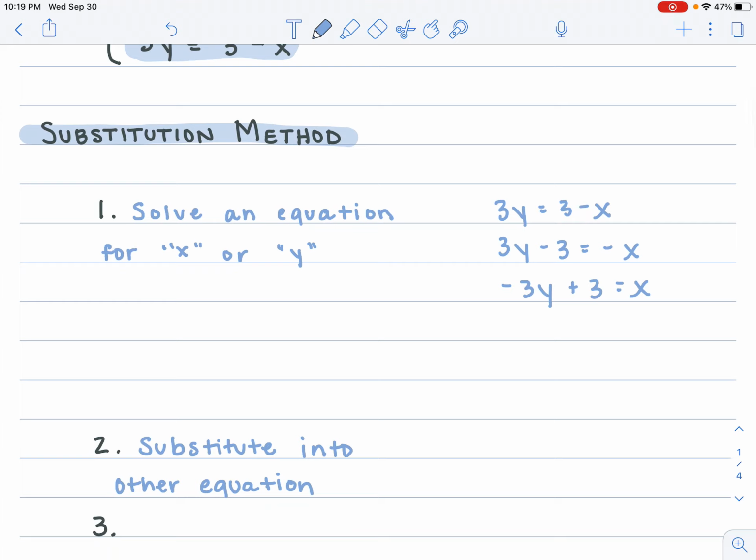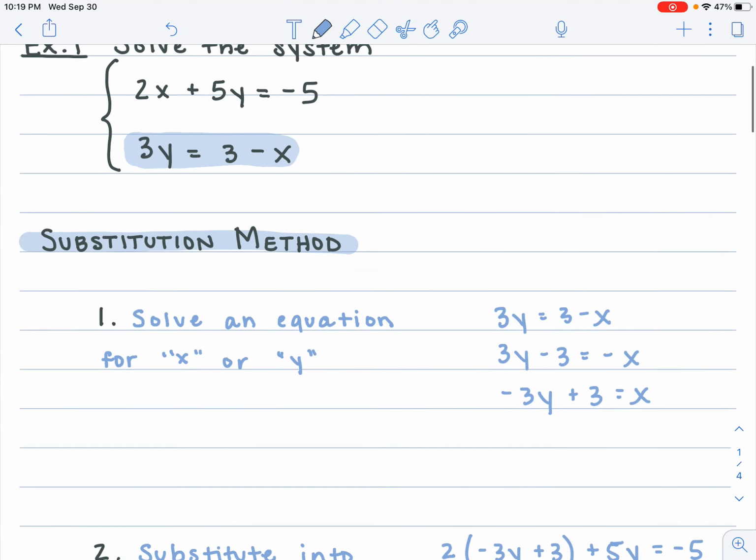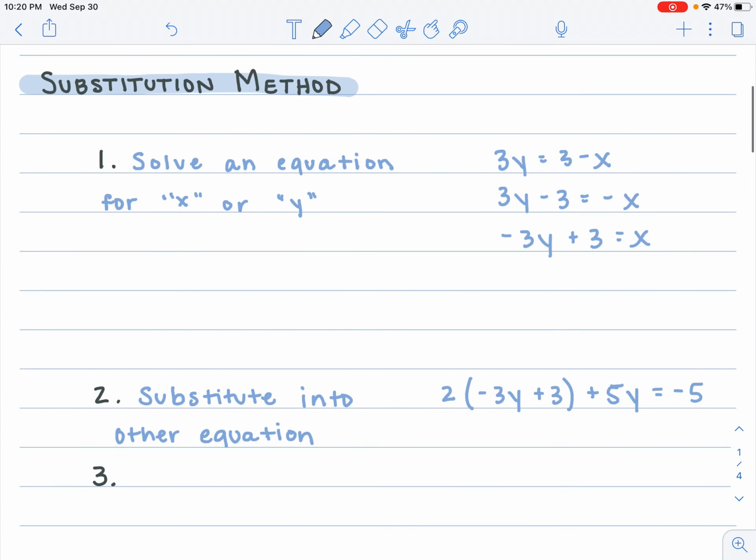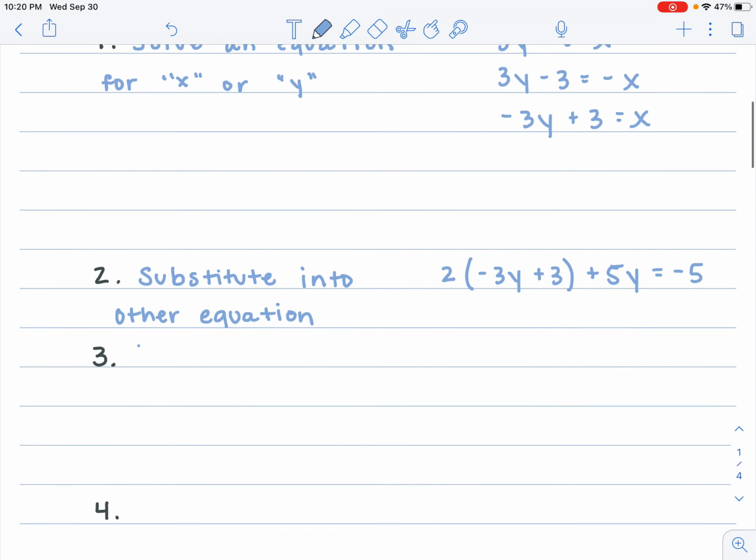And instead of that x value, we're going to plug in what we just solved for. So we have 2 times x, which is now negative 3y plus 3, plus 5y equals, whoops, sorry guys, my dog just bumped into me, negative 5. All right, so we plugged it in there. Step 3 is you're going to solve this.